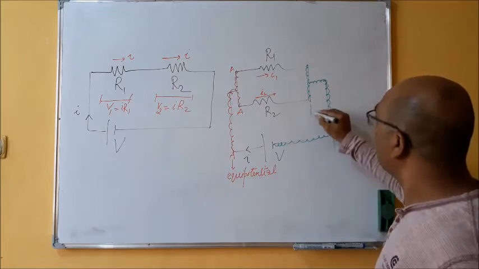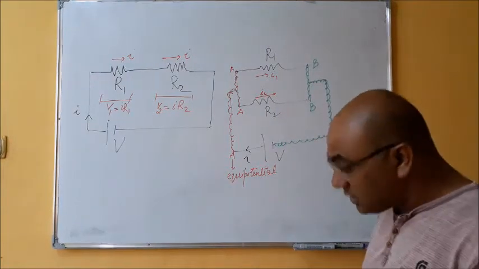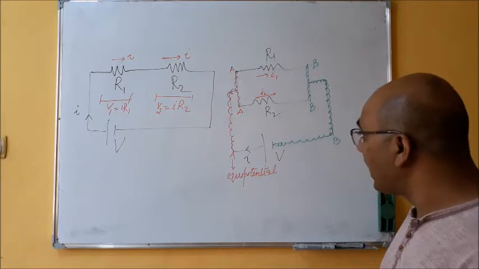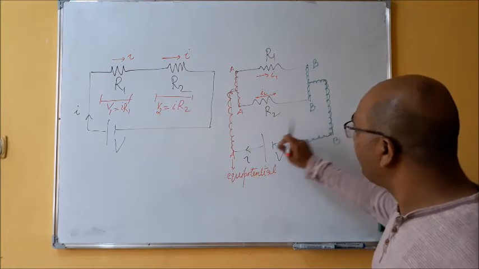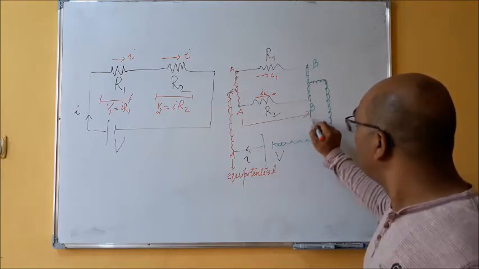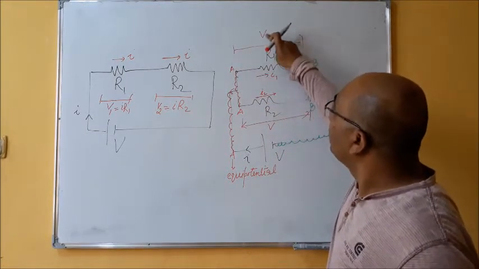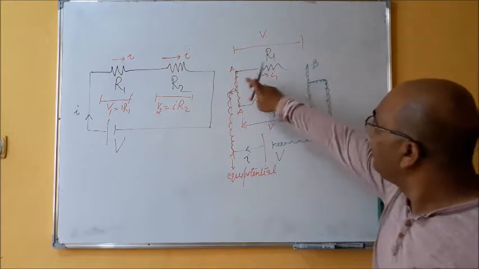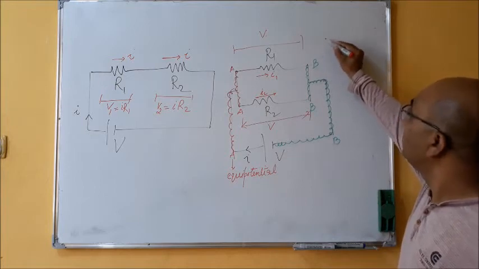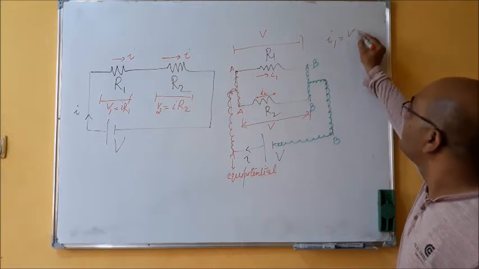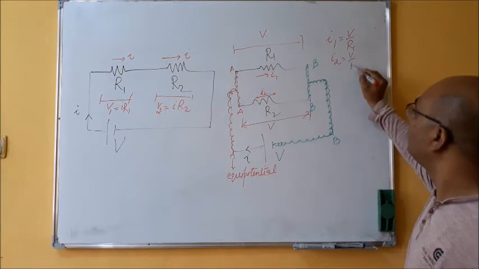Suppose I call it B, so all these points are B. Hence I can conclude that if the voltage across AB is V, the same voltage will appear across this and the same voltage across this, because all our points AB, AB, AB are practically the same. Hence I1 is V upon R1, because V is I R1, and I2 is V upon R2.